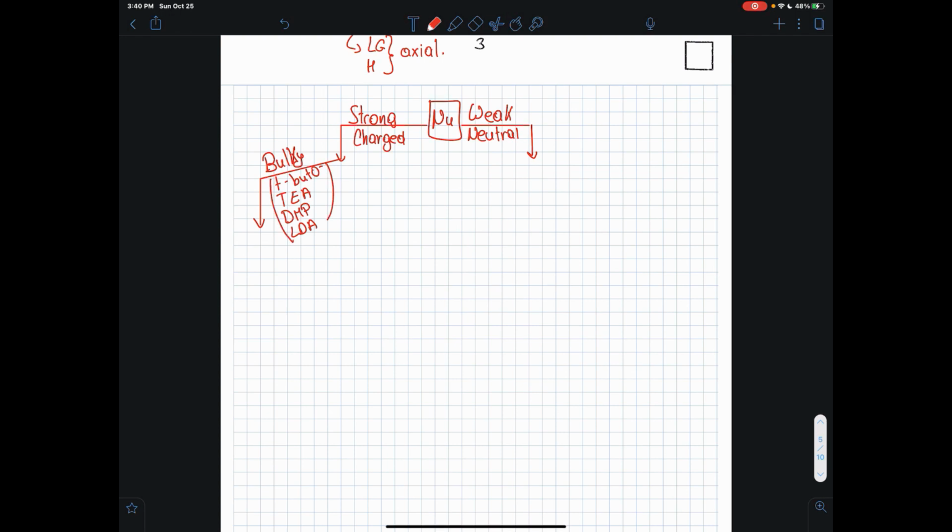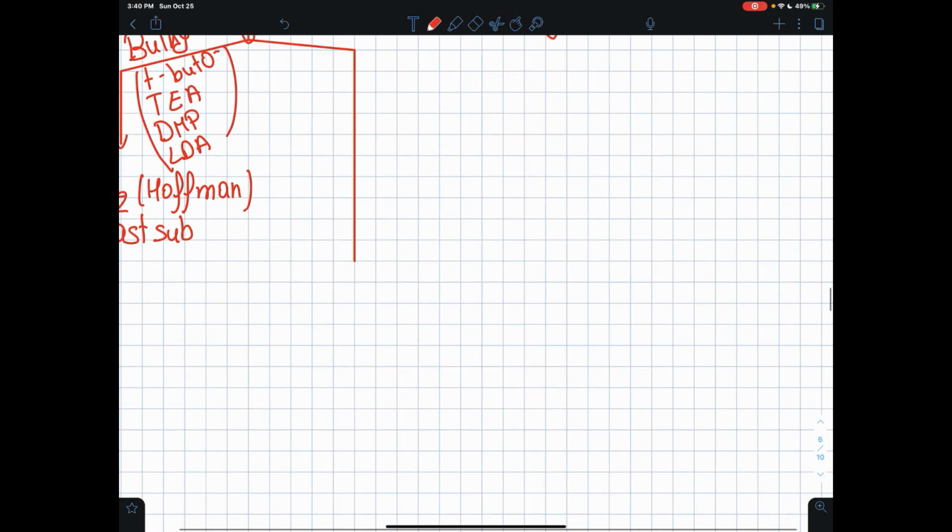What's going to happen? I'm going to have E2, and I'm going to have the Hofmann product. The Hofmann product is also known as the least substituted. Then we'll go over more examples when we start doing reactions. Now the second part is the non-bulky ones. When you're talking about the non-bulky ones, you have three versions.